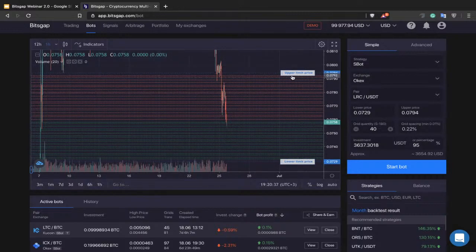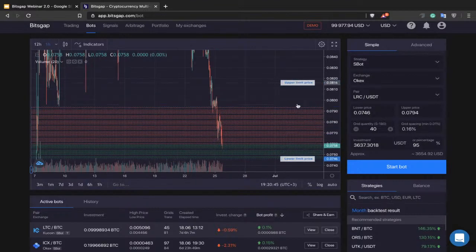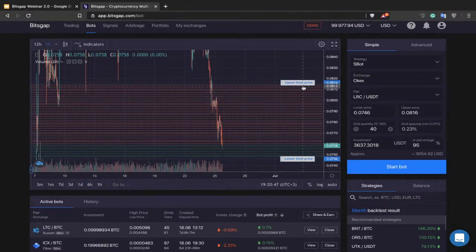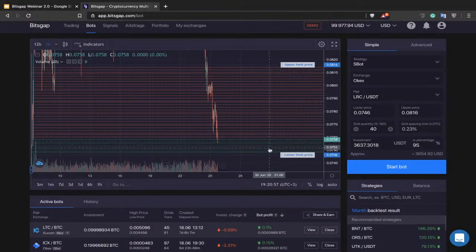If I want to have my sell side wider, then in this case I can narrow down the buy side, or I can even widen it like this. So now I have almost 70% of sell zone in comparison with the buy zone.